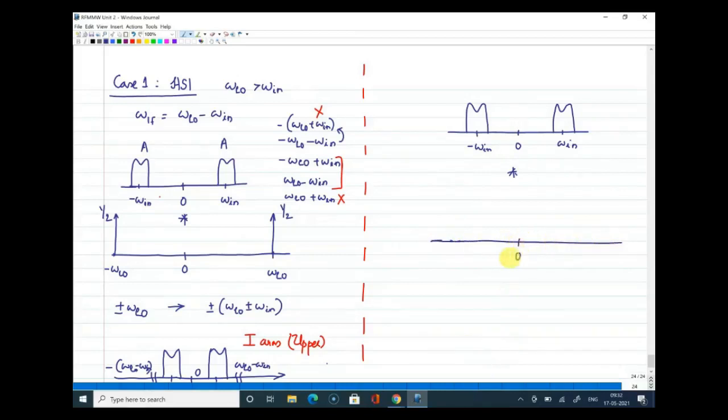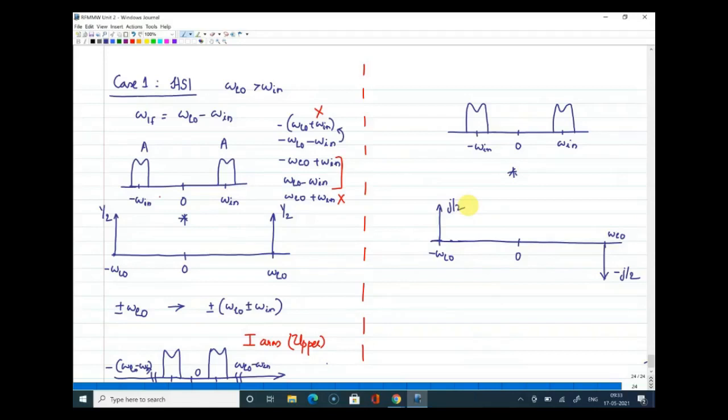Since it is a sine wave at omega LO, you have an impulse with an amplitude minus j by 2, and at minus omega LO you have an impulse with an amplitude j by 2, right? Now you have to perform the same thing.